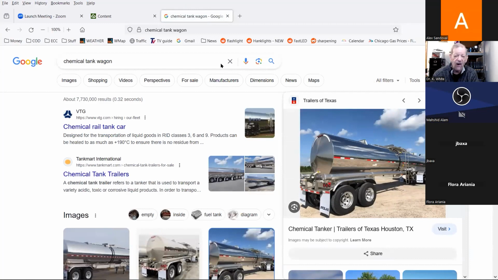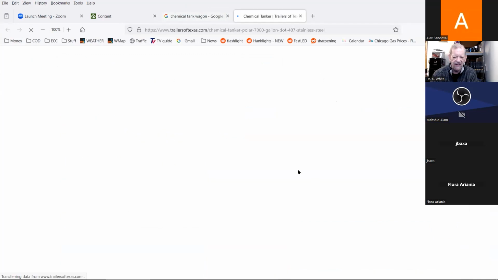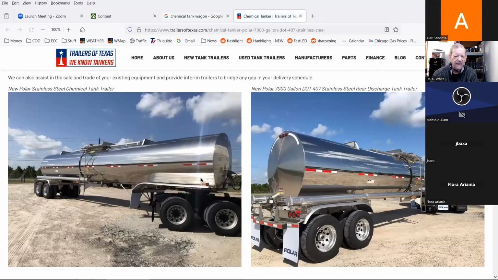Alex, I'll be with you in a second. Oh, you heard Tommy. And if you look on your screen right here, they don't show the cab, but this is a tank wagon and they're standardized 40,000 pounds, 5,000 gallons. And if you look at the ladder there, you can go up and inspect inside. And I've climbed those in the winter, check inside to make sure the tank wagon we were going to ship product in was clean.